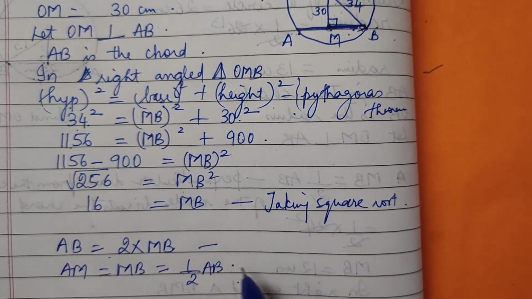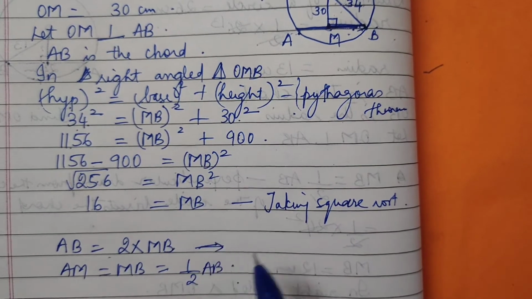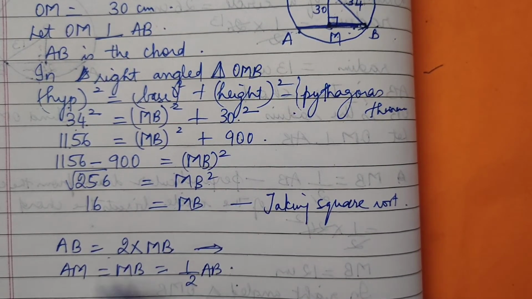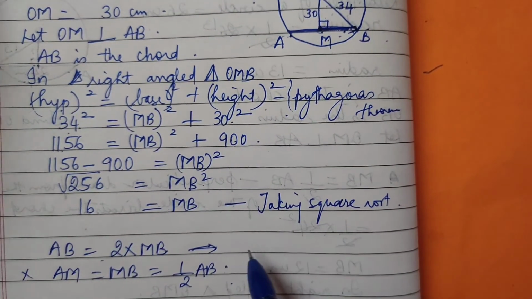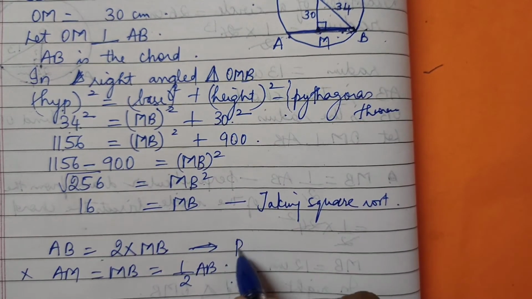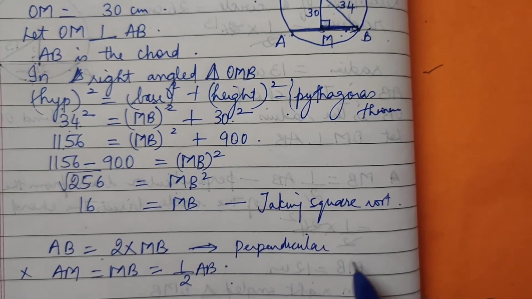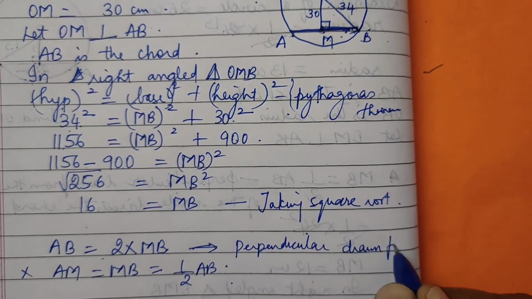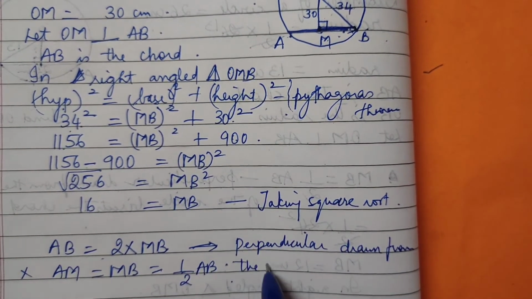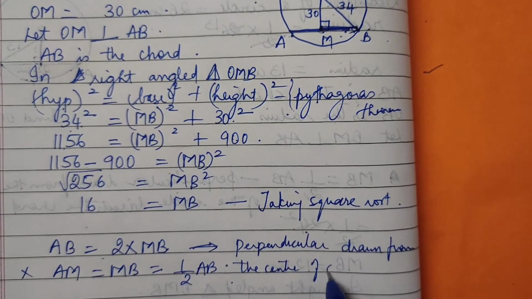I am writing this because it will be easier to understand. If you want, you can skip this one. Then you will write the reason: the perpendicular drawn from the center of the circle bisects the chord.